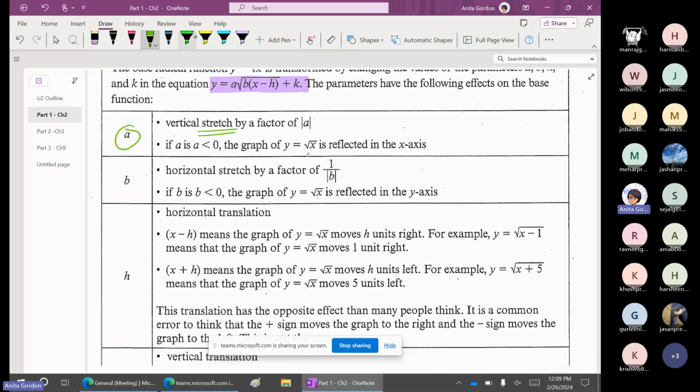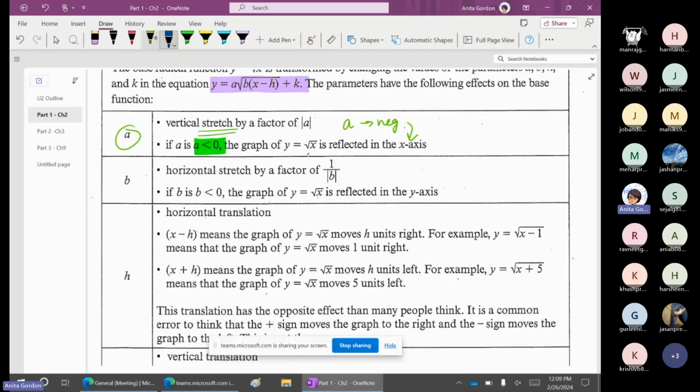If A is less than 0, what's another way to say that? A number less than 0 is what kind of a number? It's a negative number. So if A is negative, then we have a reflection over the x-axis, right? So A less than 0, meaning it's negative, we have a reflection over the x-axis.